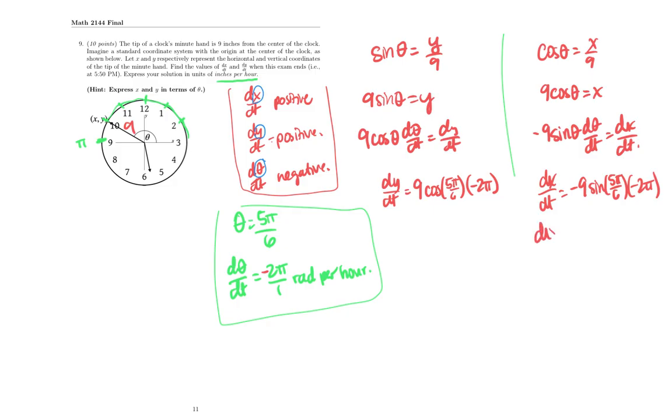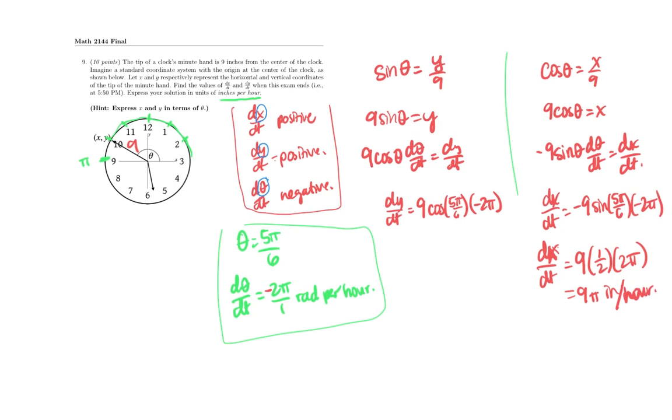Okay, so dx dt should equal negative 9. Well, the negatives are going to cancel out. So 9 sine of 5 pi over 6 is 1/2. And then I have times 2 pi. So this is just equal to 9 pi inches per hour.